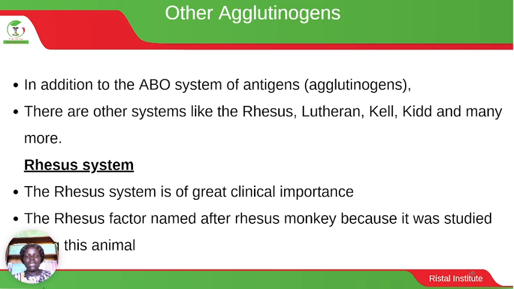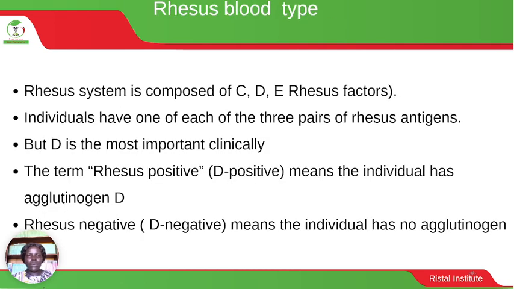The rhesus system is of great clinical importance. The rhesus factor is named after the rhesus monkey because it was studied using this animal. Rhesus system is composed of C, D, E rhesus factors.